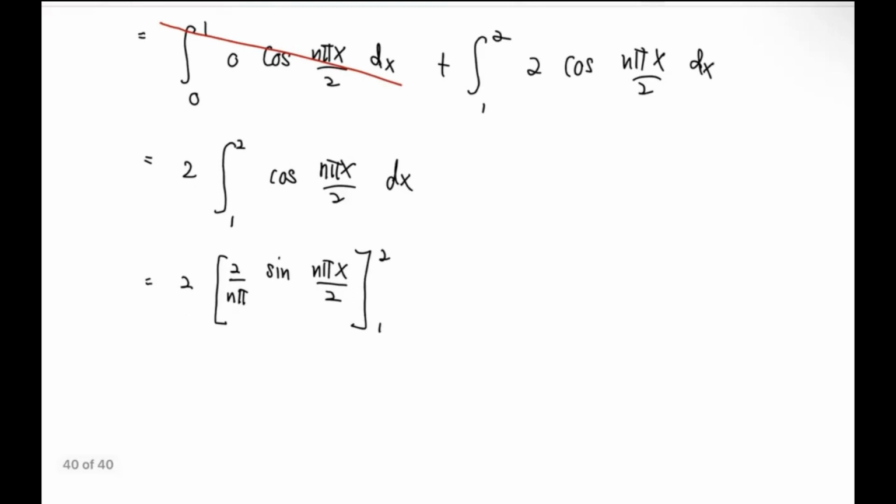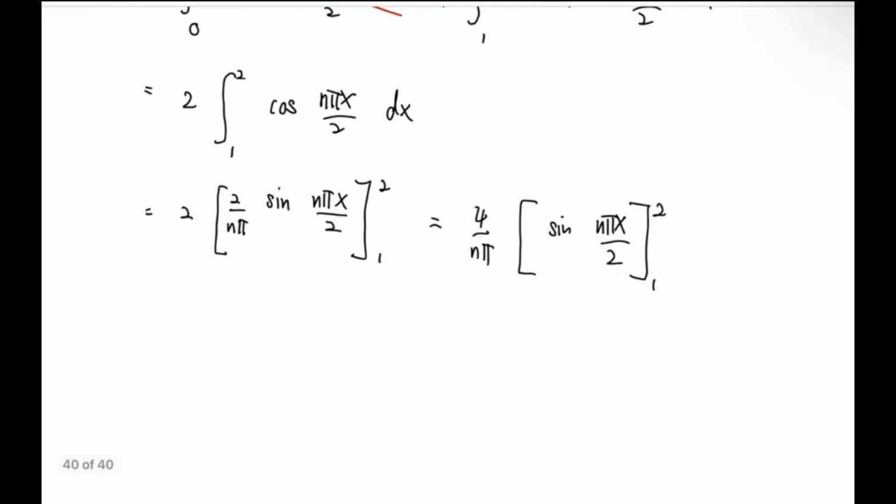Okay, notice that 2 over n pi is just a constant, no x in this coefficient, so I can pull this outside. So I have 4 over n pi, and here I have sine n pi x over 2 from 1 to 2.